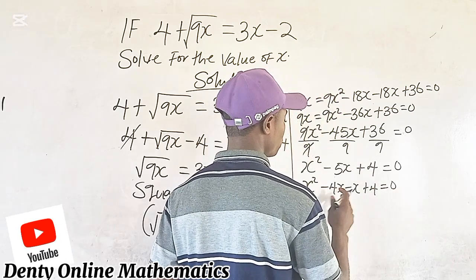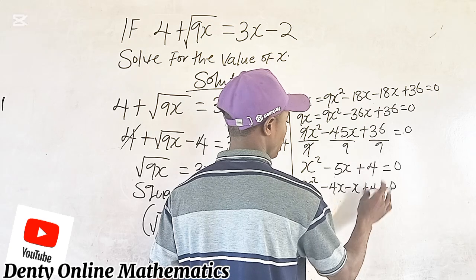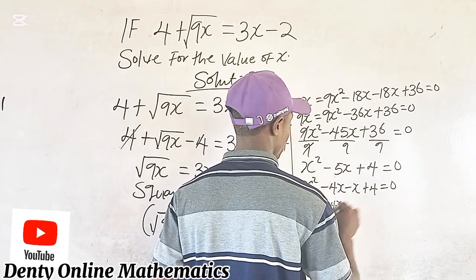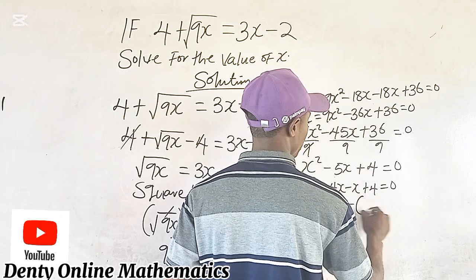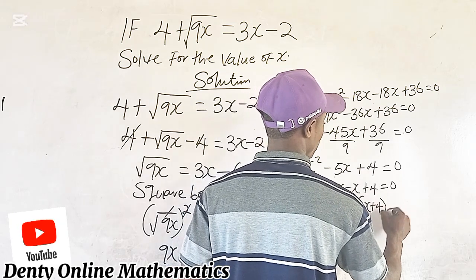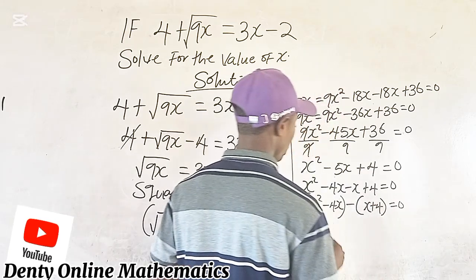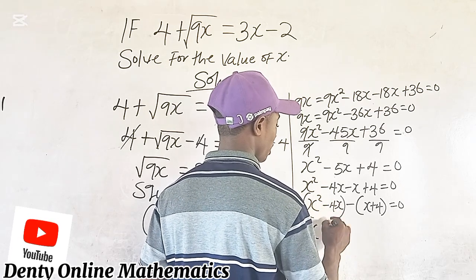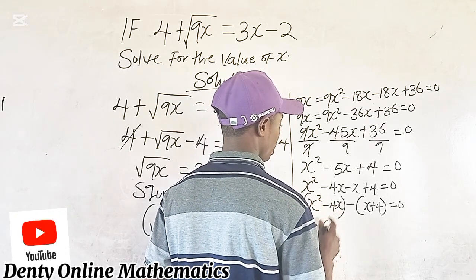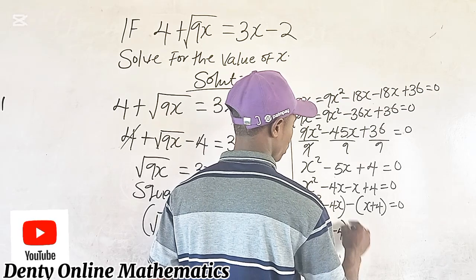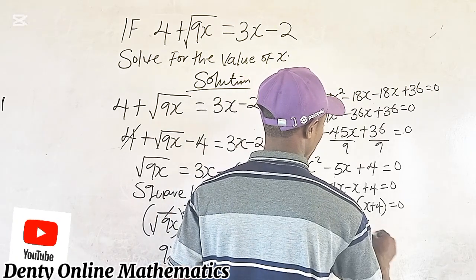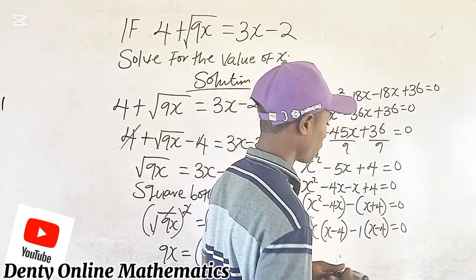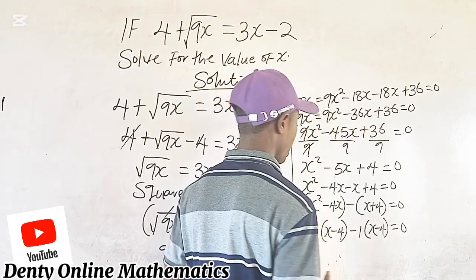Now to group them, I'll group them 2, 2 because I have 4 terms here. So I have x squared minus 4x in one group, minus 1 into x plus 4 equal to 0. So x is common. x squared divided by x gives me x, and minus 4x divided by x gives me minus 4. Then minus 1 into x minus 4 equal to 0. Now I'll be able to factorize this.